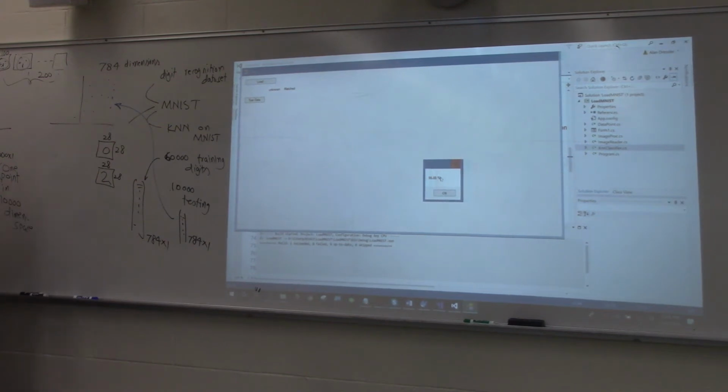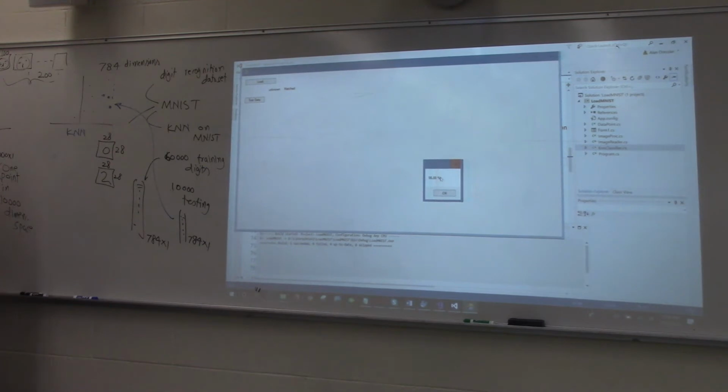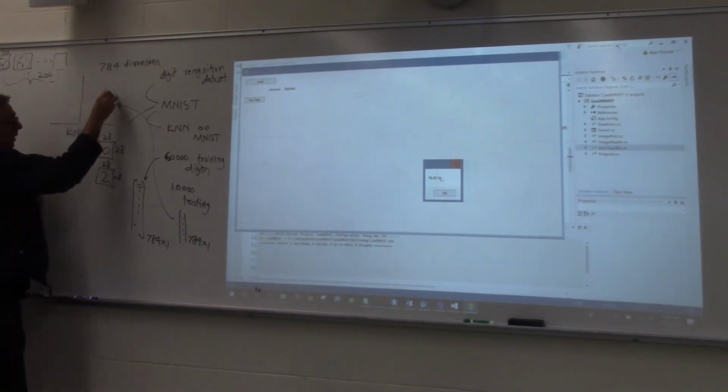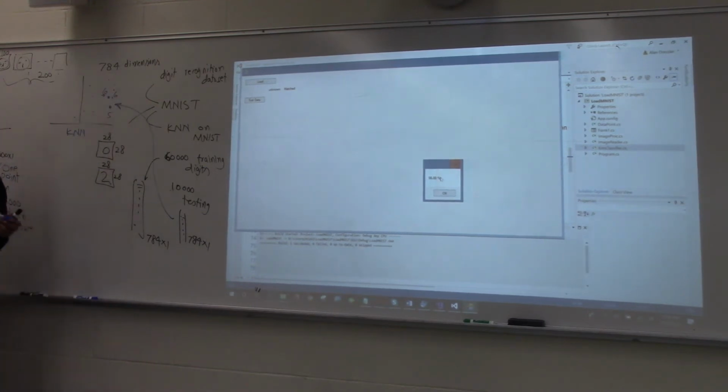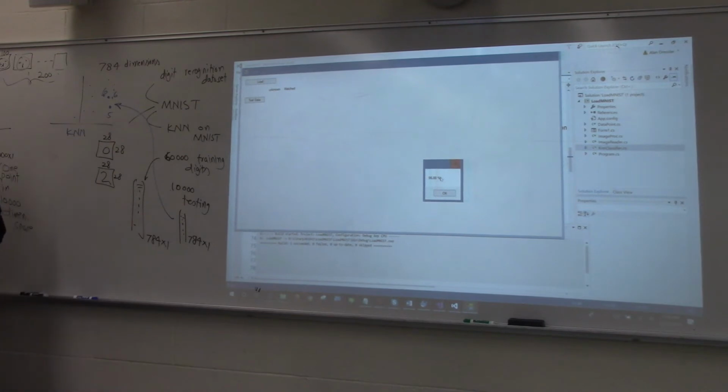So if k is 3 in our KNN, then we'll take a look at the top closest 3 by Euclidean distance. And suppose this says digit 6, digit 6, digit 5, then what's our answer? 6. And if that indeed was 6, our accuracy count will go up by 1, right?